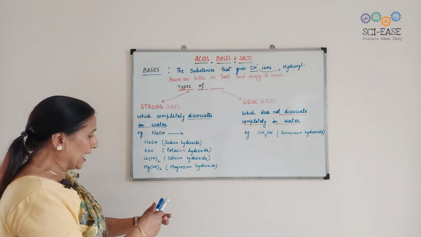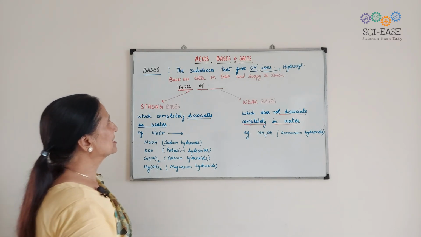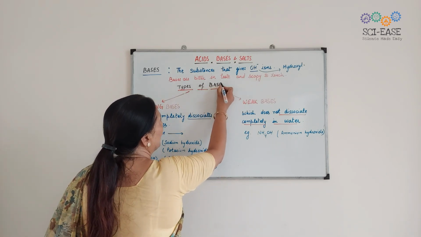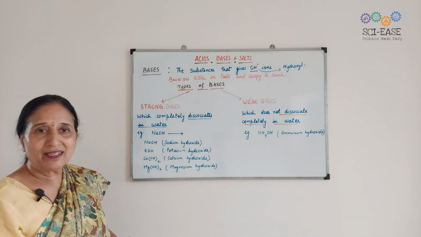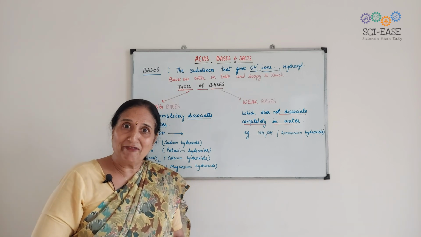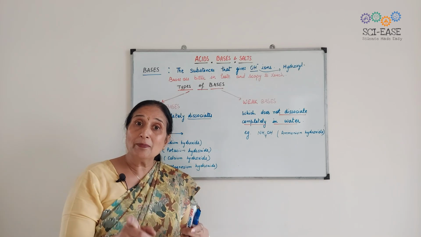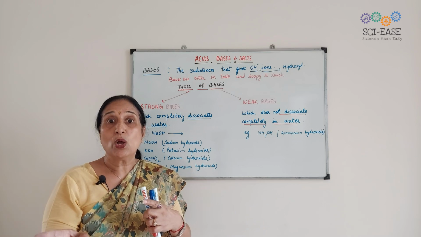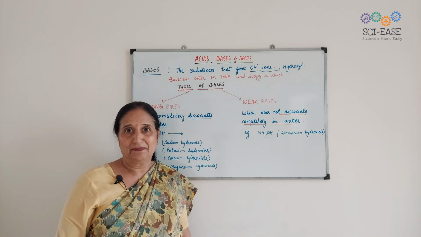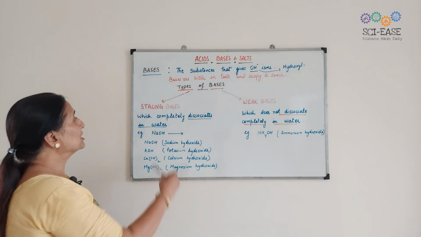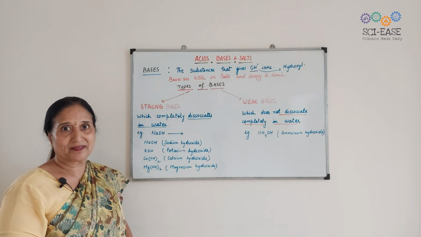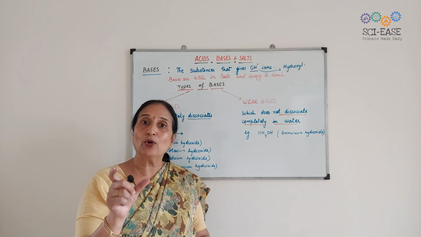Okay? Now, types of bases. Again, bases are of two types, that is strong bases and weak bases. What is the definition of strong bases? Strong bases are those bases which dissociate completely in water. You can take the example of sodium hydroxide.